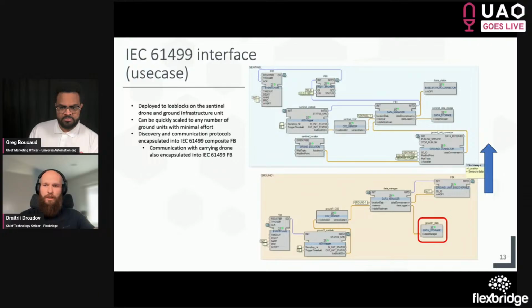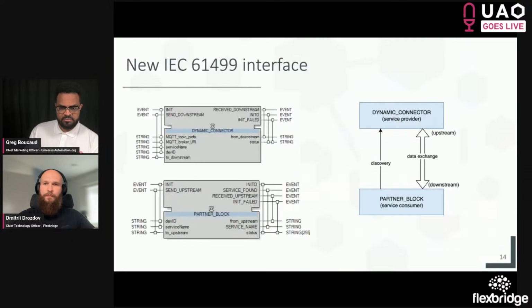However, after the project ended, we developed an updated interface which allows bidirectional data flow. And here is a screenshot of the updated IEC 61499 interface. The blocks have been renamed for that, and the dynamic connector is the service provider, and the partner block is the service consumer.